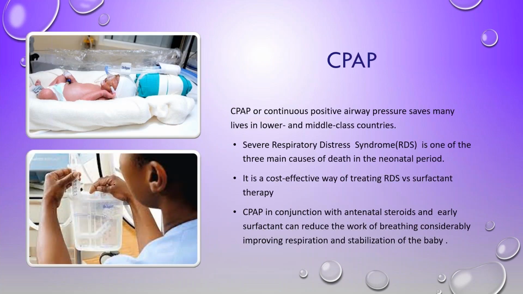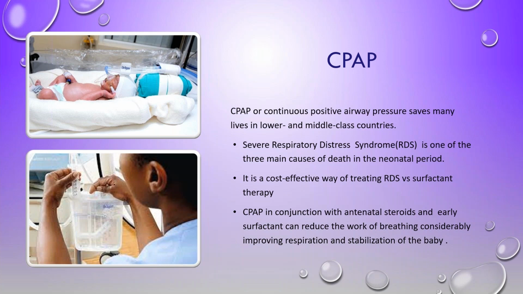So CPAP, or continuous positive airway pressure, saves many lives, especially in low and middle income countries. Severe respiratory distress syndrome, or RDS, is one of the 3 main causes of death in the neonatal period, and CPAP is the most cost effective way of treating RDS if you cannot afford surfactant.